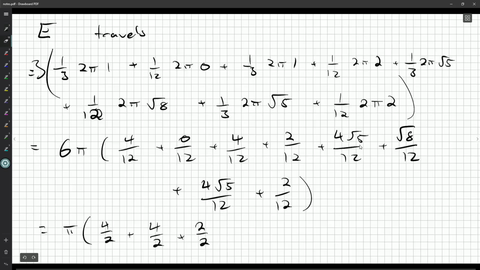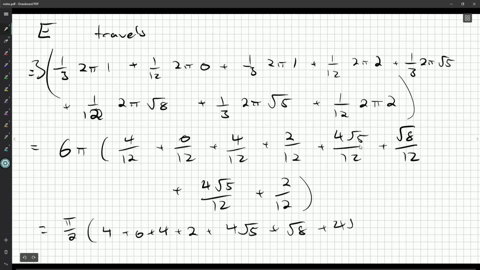Actually, let's just say pi by 2. Pi by 2, we'll say 4 plus 0 plus 4 plus 2 plus 4 root 5 plus root 8 plus 4 root 5 plus 2. 4 and 4 is 8 plus 2 and 2 is 12.